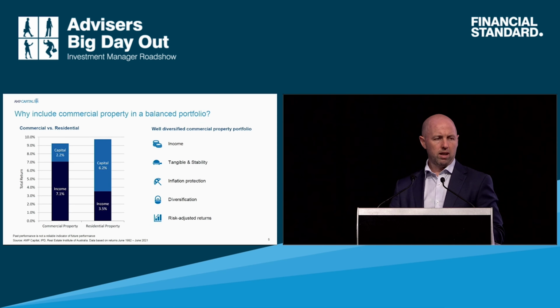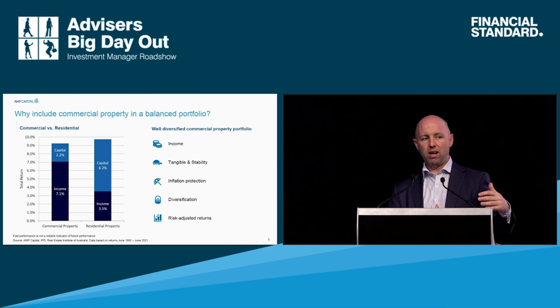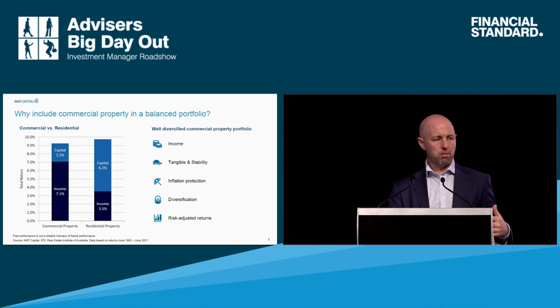And it's been a good asset class to be in, about 9% returns, most of that in the form of capital gains. That's what the chart on the slide is trying to show, that both commercial property and residential property have delivered about the same returns, but with residential, the majority of that return has come in the form of capital gain.